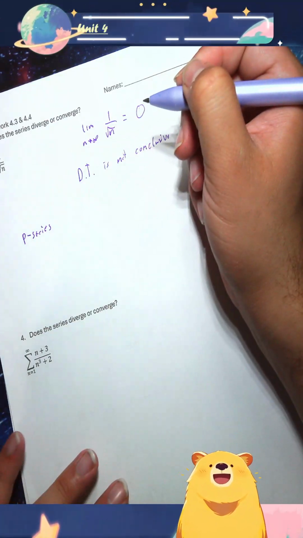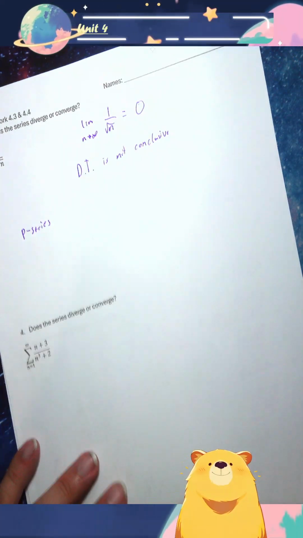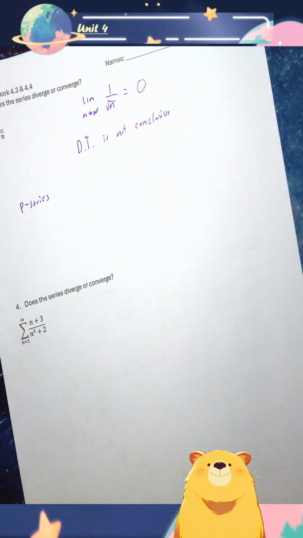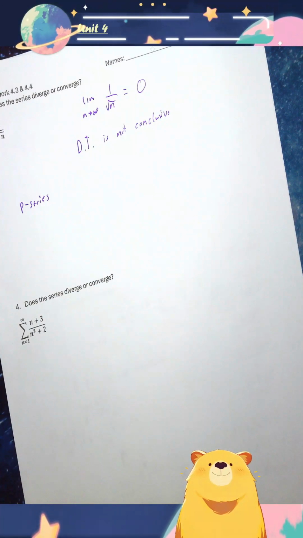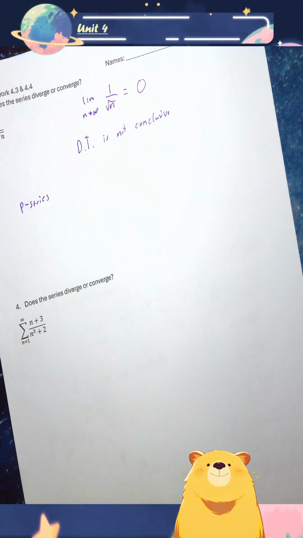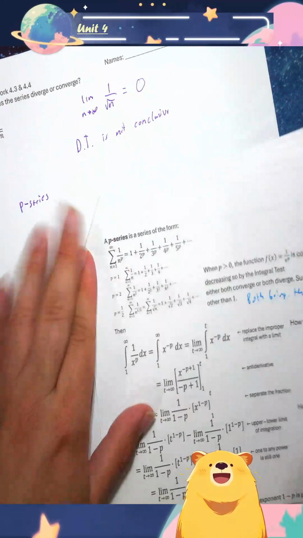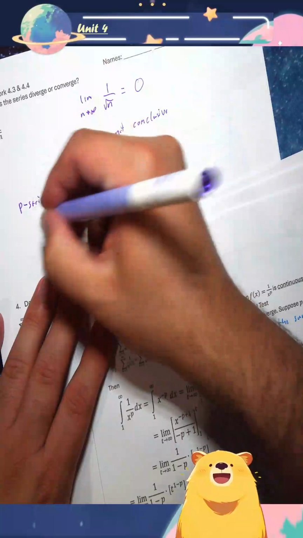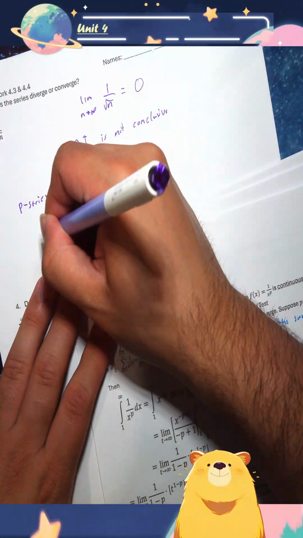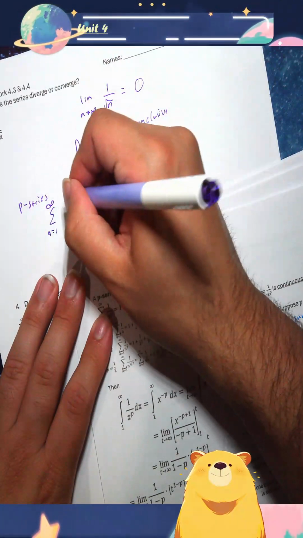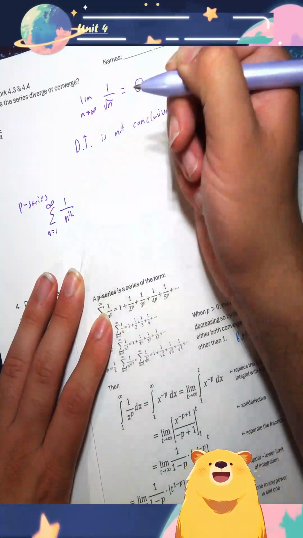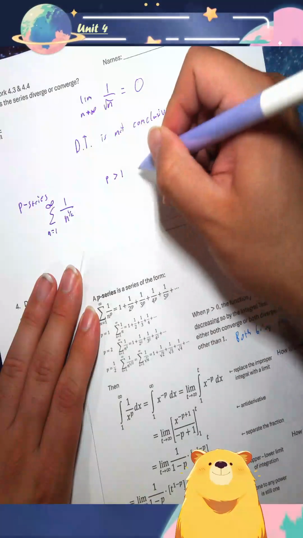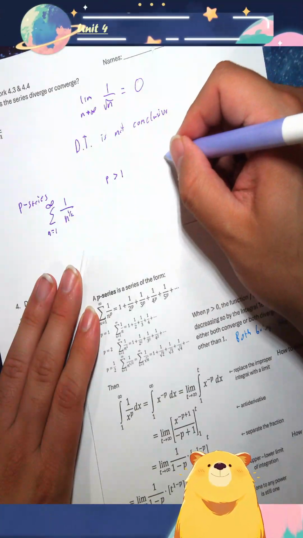So the p-series states that, let me actually just get our notes for that, just so I don't misspeak. P-series states that when you have a series in this form, which we technically can rewrite as 1 over n to the power of 1/2, and p is greater than 1, then the whole series converges.